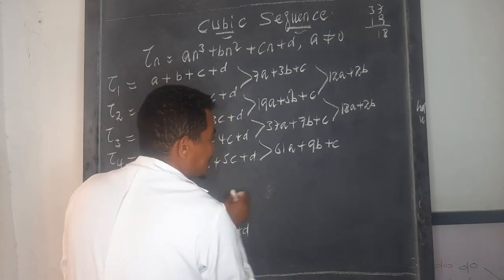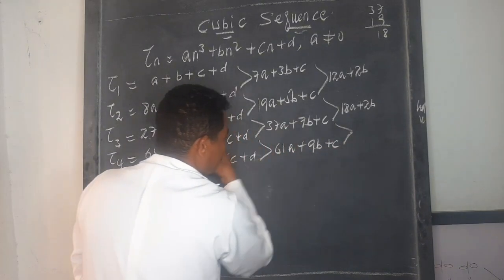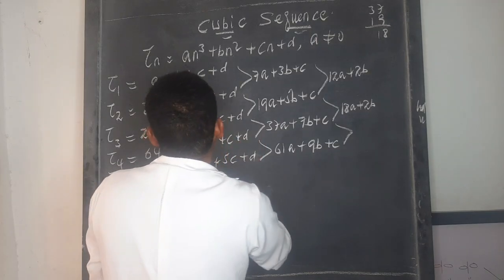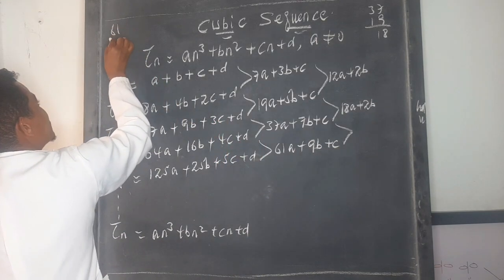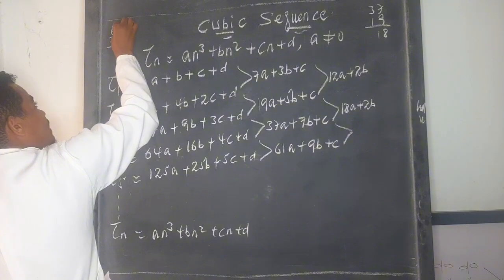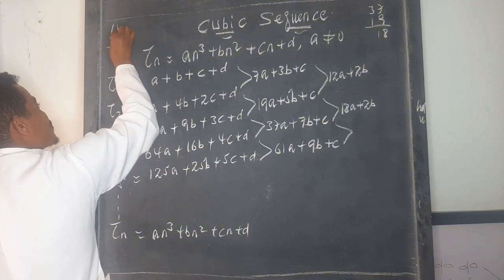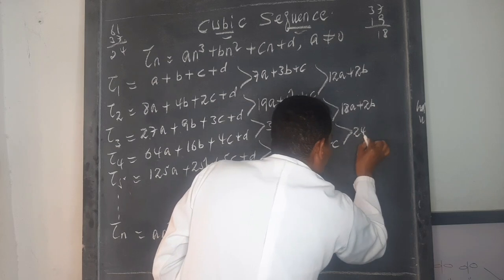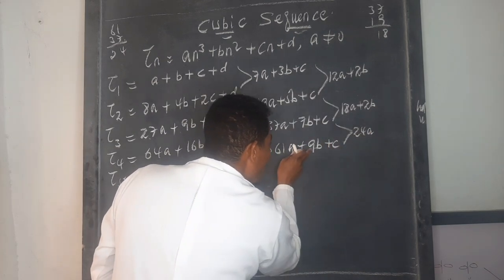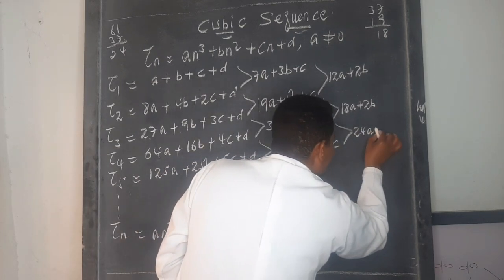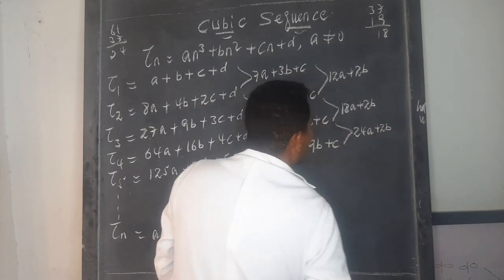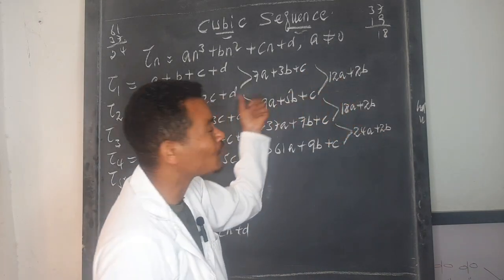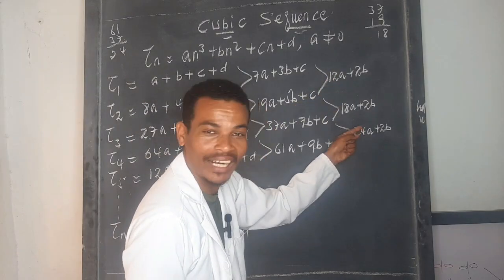The final one is the difference of this one: 61a minus 37a is 24a, and 9b minus 7b is 2b. Again, if these were constant or the same, it would be a quadratic sequence, but they are not the same.